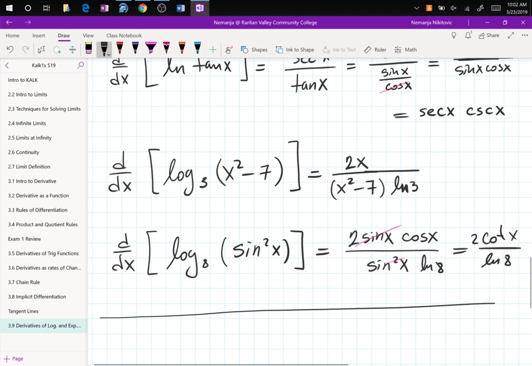Now I'm going to sound like Morpheus from Matrix. What if I told you that you can take all of those derivatives mentally without writing anything down? It doesn't matter how complicated they are. How about if every single derivative we did so far in this course, you can just look at it and just say the answer. And not just give the answer, but give the answer in a factored form.